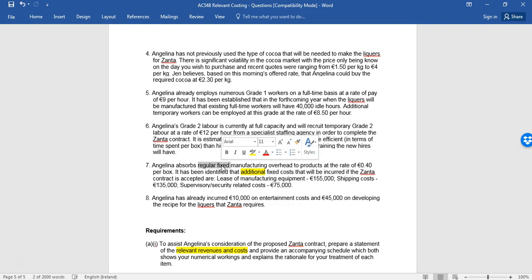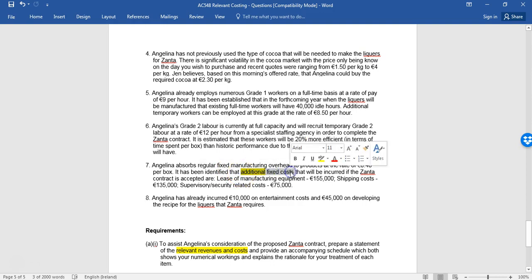So this will give us a minimum of what costs we need to cover. It may not inform us how much we should charge, but it'll tell us at a minimum which costs we are generating because we take on this contract. We're not generating these fixed manufacturing overheads because they're fixed, but we are generating additional ones. Although yes, they're fixed, they're in addition to what would have occurred before.